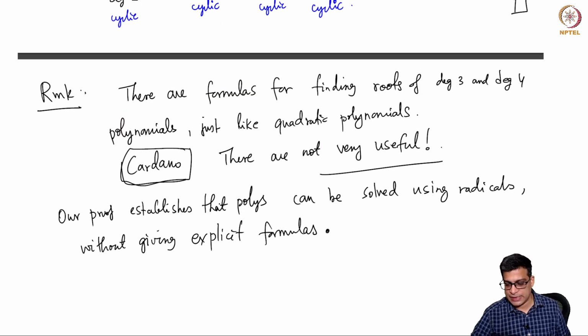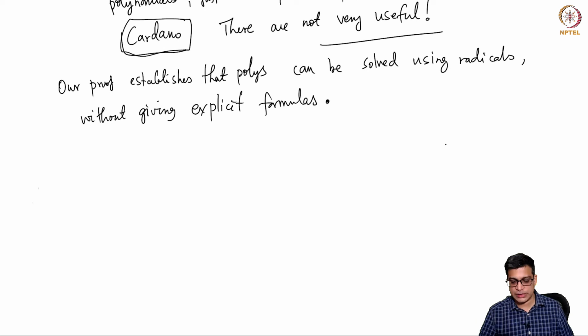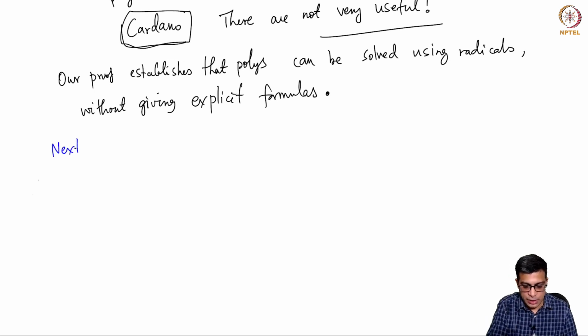So we don't necessarily have formulas, and often we do not use formulas. We don't need to compute the roots explicitly because the formulas themselves are often ambiguous and hence not useful. But conceptually we have established that degree 4, degree 3, degree 2 and degree 1 polynomials can be solved by radicals, and next we will take care of degree 5.